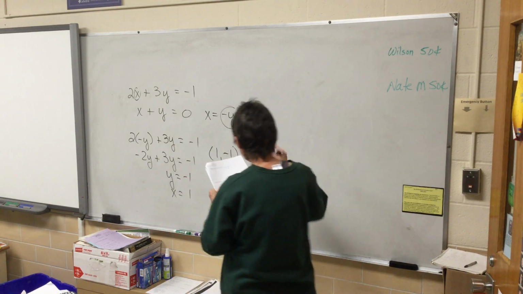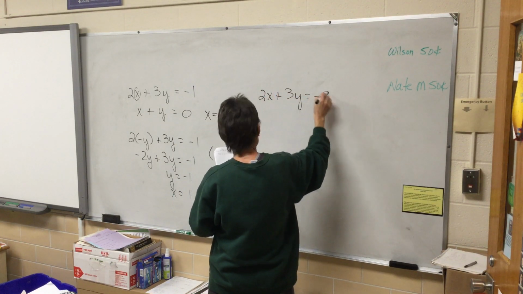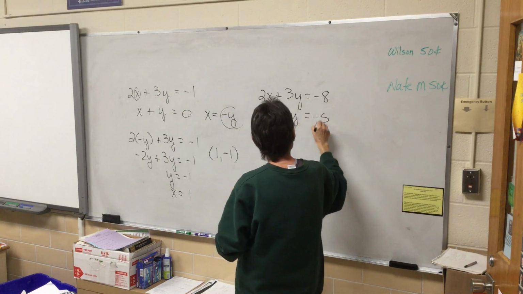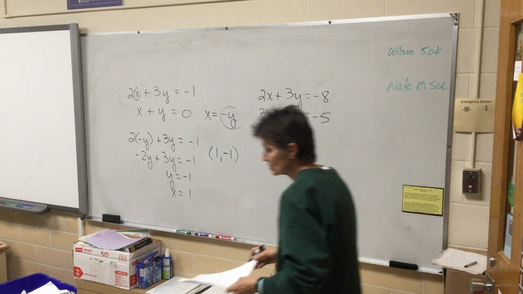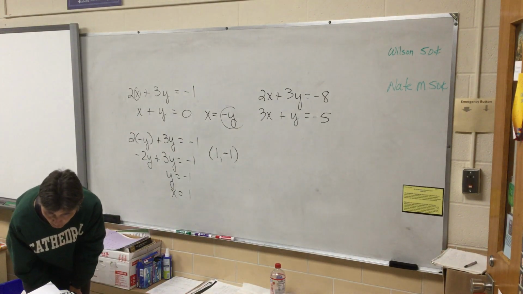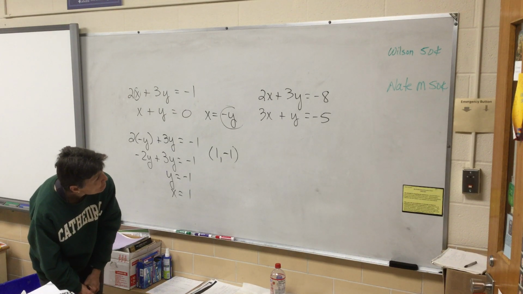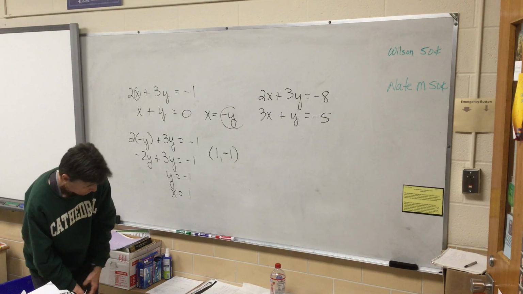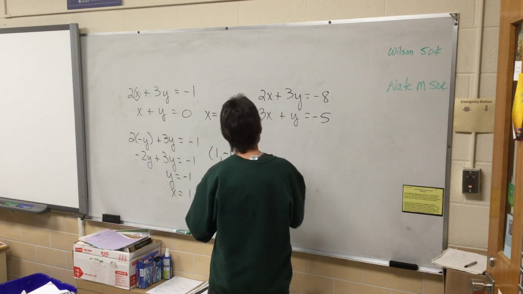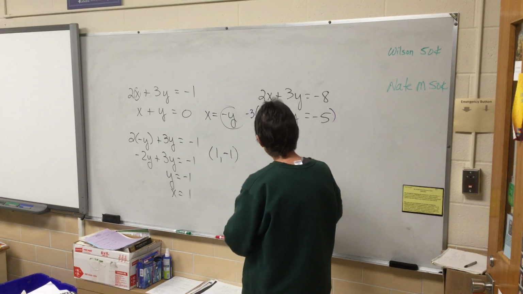Okay, elimination. Now, there's lots of ways you can do it, not just one. What would be one possible way to make something eliminate? Right, -3. Multiply the bottom row by -3.